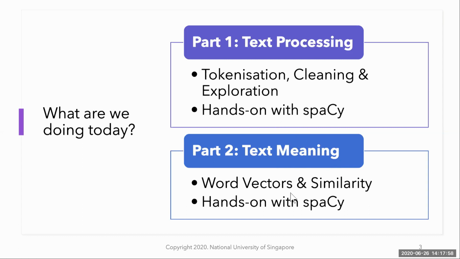So we'll look into word vectors, and this is where I think maybe half the audience will be a little bit scratching your head, but I will try to show you what they are, so that in the future when you hear the term word vectors and word similarity, you will have some intuition on it. We will also do a hands-on. This one is quite fun as well. Okay, so that's what we have today. I will try to stop for questions around these points after I cover a little bit.